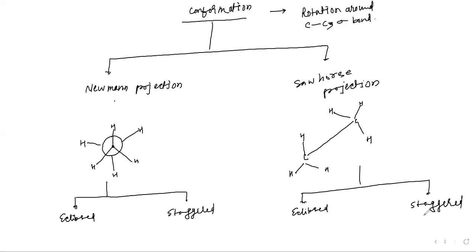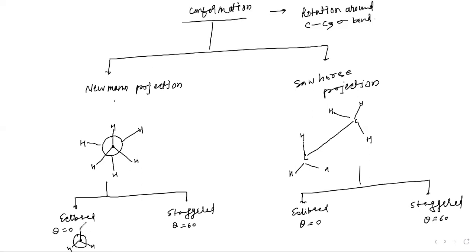Okay. Eclipsed: here the dihedral angle is 0 degree. Staggered: here dihedral angle is 60 degree. So in the eclipsed case, the hydrogen of front carbon and back carbon exactly lie at a similar position.